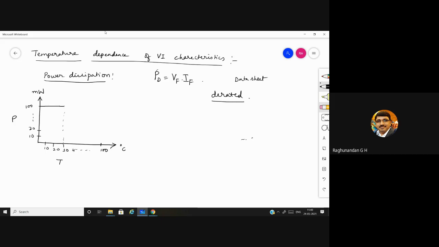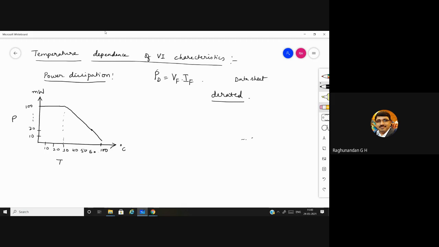When the temperature increases to 40, 50, 60 like this, slowly the power output of the diode will be decreasing. When you reach 100 degrees, it is going to melt or burst out. The diode is going to burst out.